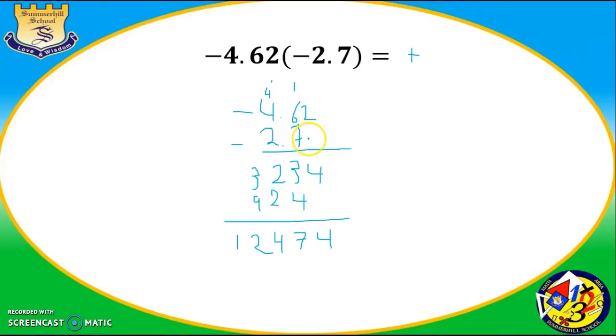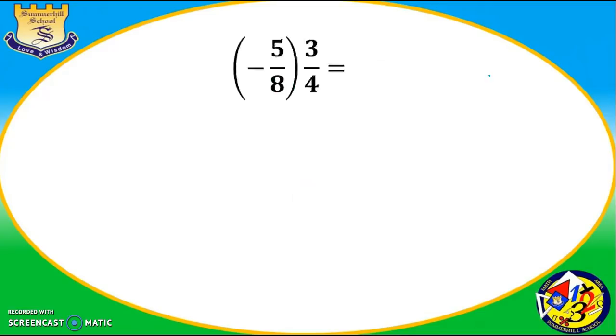Now here, guys, to place the point, you have to count the decimal places: 1, 2, and 3. So place the point. Yes, so plus 12.474.